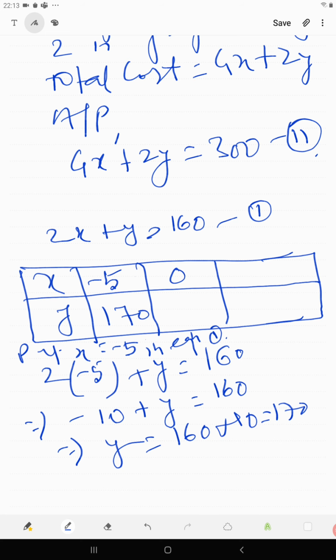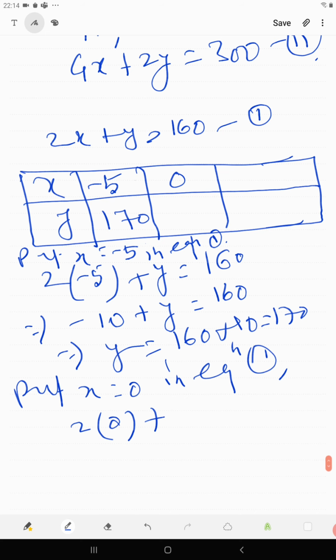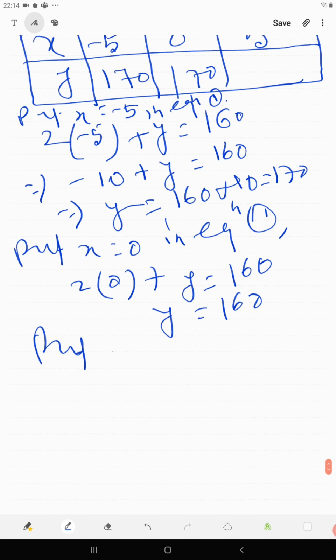Now take x as 0. So put x equals 0 in equation 1. So what will we get? 2 into 0 plus y equals 160. So we'll get y equals 160. Now put x as 5. So put x equals 5 in equation 1.